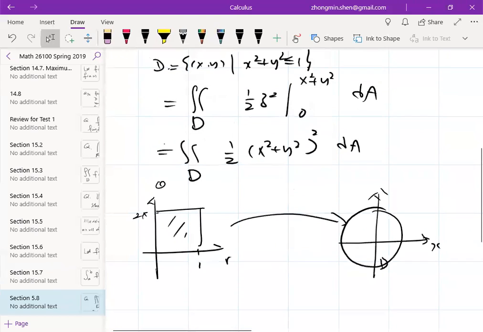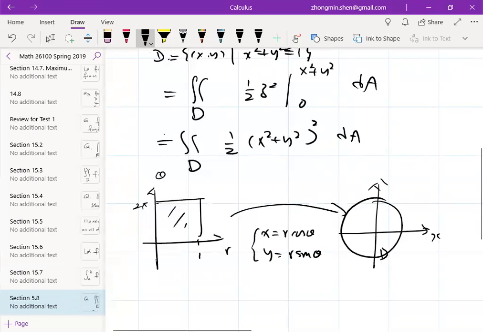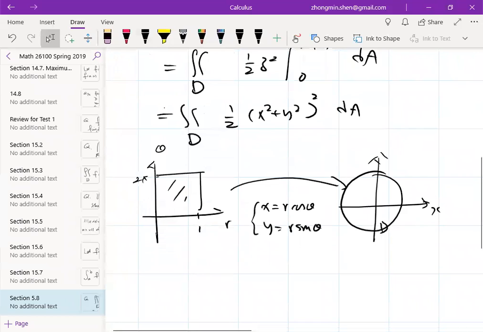This is a picture. So the map is determined by this. Here is dA, and this region we call D bar.